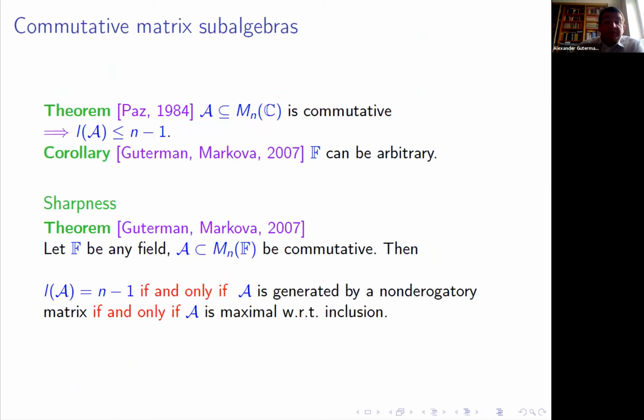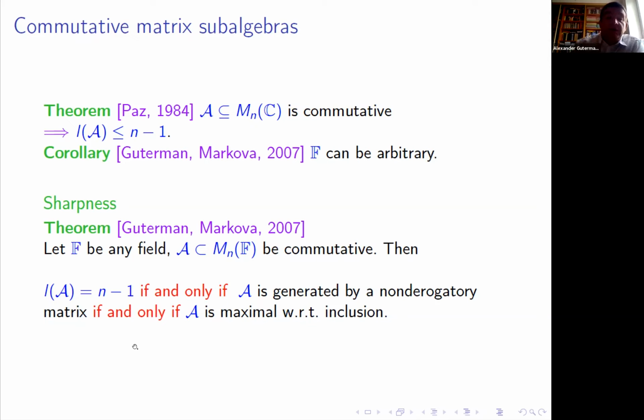For commutative subalgebras of the matrix algebra, it was Paz who proved the linear bound. However, we were able to characterize the extremal case.